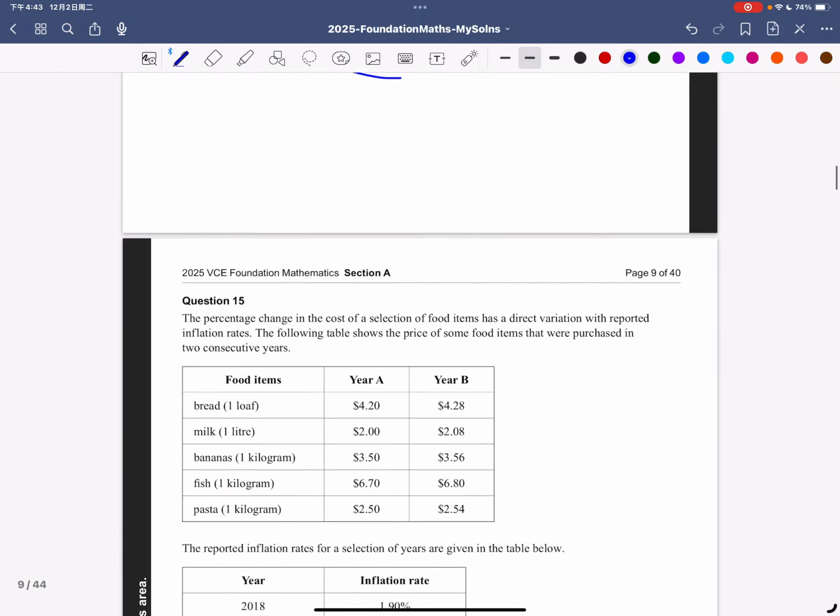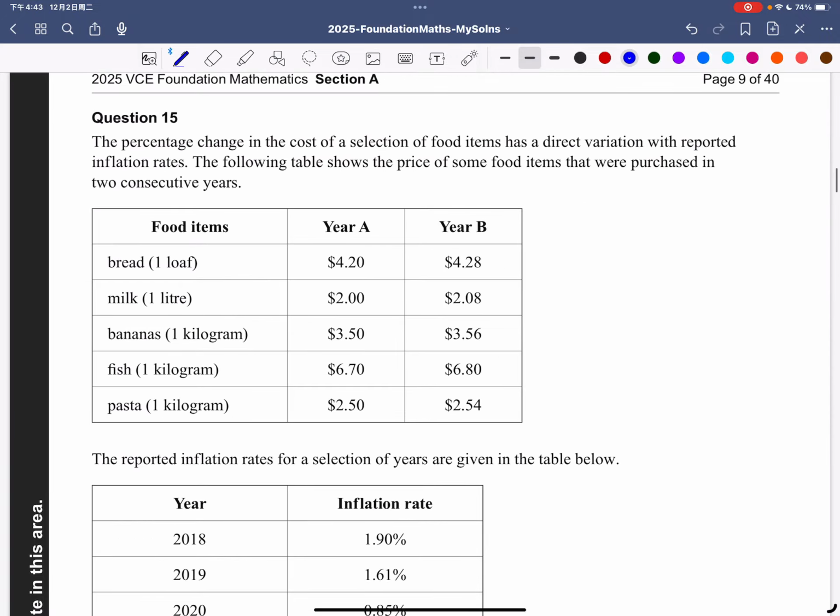Okay, question 15. The percentage change in the cost of a selection of food items has a direct variation with reported inflation rates. That's an interesting way.